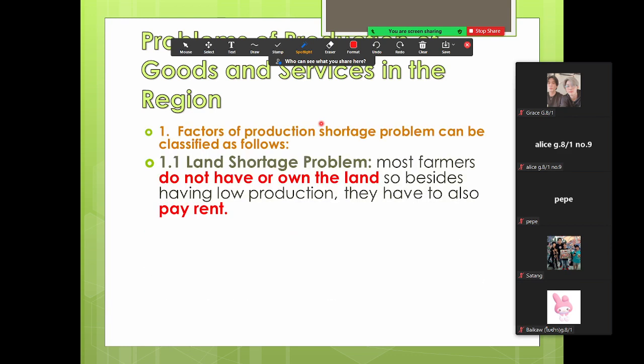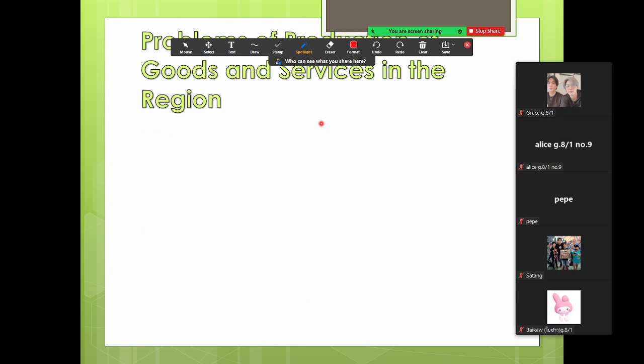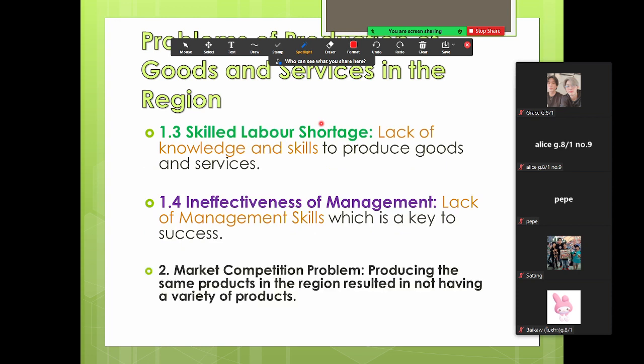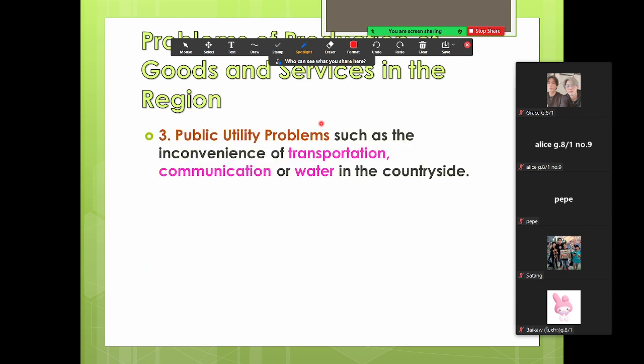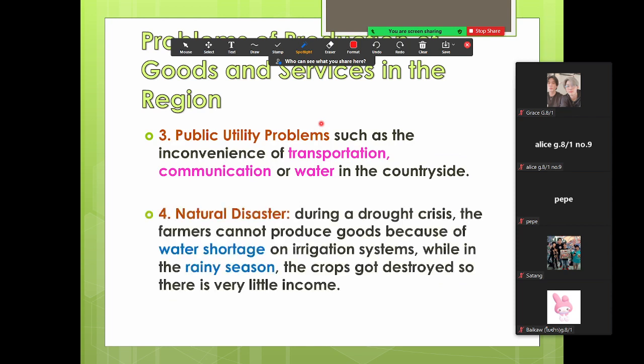So let's go back. We have number 1, shortage of the factors of production. And number 2, market competition. Number 3, public utility problems, and number 4, natural disaster.